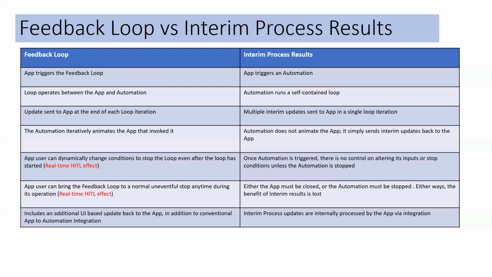Yep. But if you look at interim process results, although the app is receiving the results from the automation and updating the UI, it is just UI-based updates. It's not UI-based interaction, right? Yes. The automation is sending the results back. The app is updating a control. That's pretty much it.